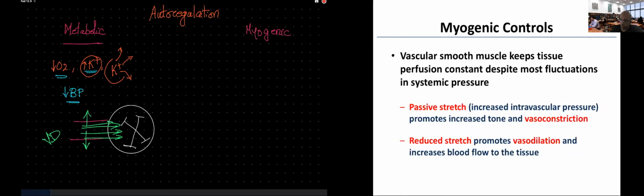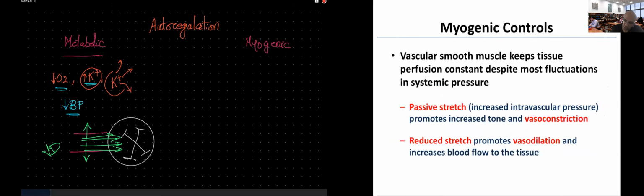The other type of autoregulation relies on detecting the degree of stretch by the smooth muscle cells located in the wall of the arteries. So again, we're still supplying organ X, and this is the local blood vessel.